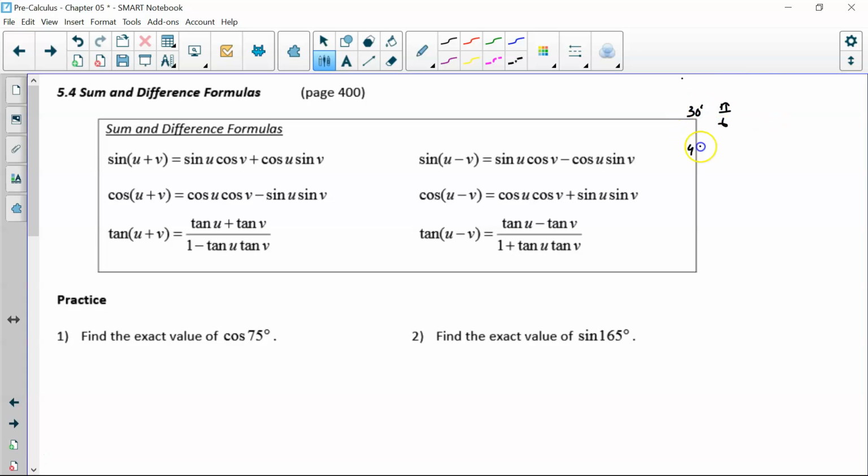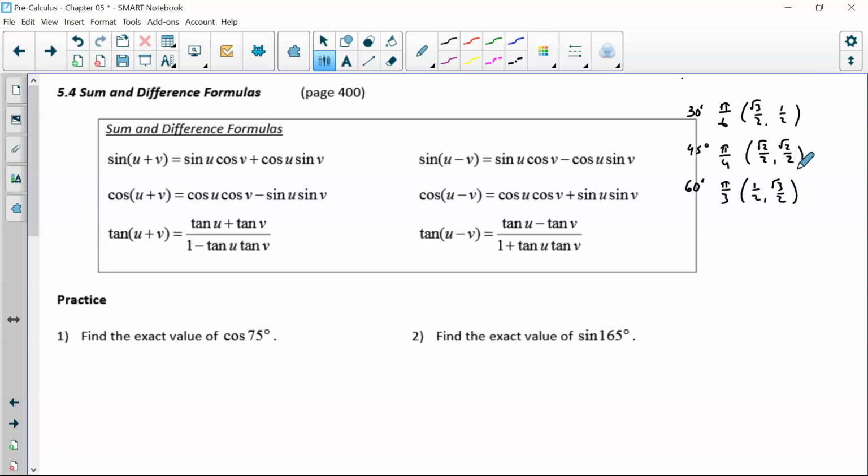We have our 45-degree angle, which is pi over 4. And we have our 60-degree angle, which is our pi over 3. Now, the coordinates of those are root 3 over 2, 1/2. Remember, for the pi over 3, we just flip them, 1/2, root 3 over 2. And for our pi over 4, it's root 2 over 2 and root 2 over 2.